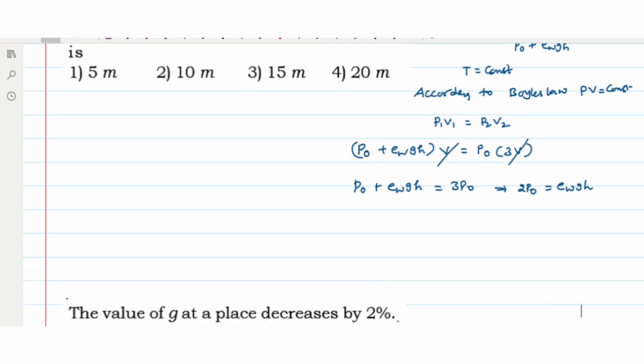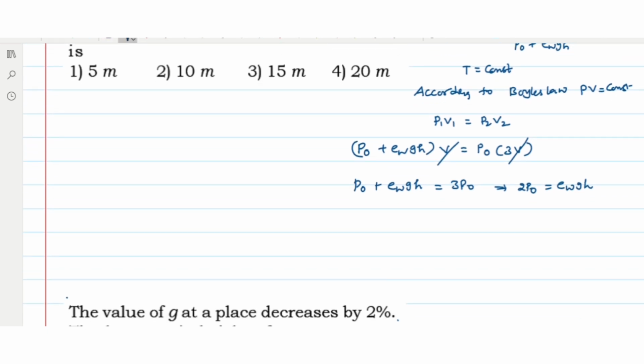Now we have to put in the values; they are asking for the height, or depth. h equals 2 P naught by density of the water into g. So 2 into atmospheric pressure, given as 75 centimeter of Hg: 75 into 13.6 into g, divided by density of the water into g.